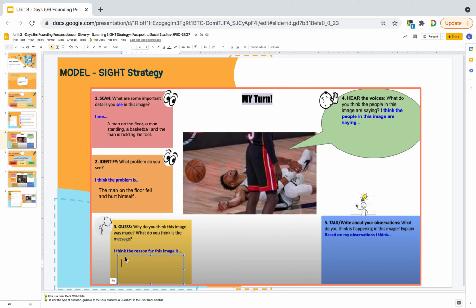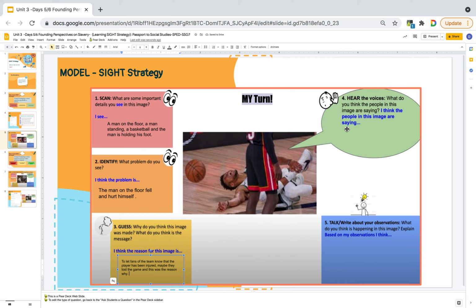What do we think the message is? So looking at this picture, I think the reason for this image might be to let fans of the team know that the player has been injured. Maybe they lost the game and this was the reason why.